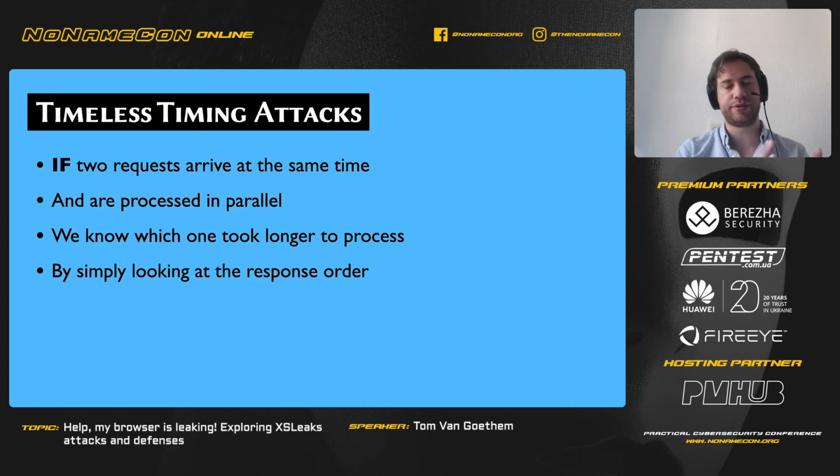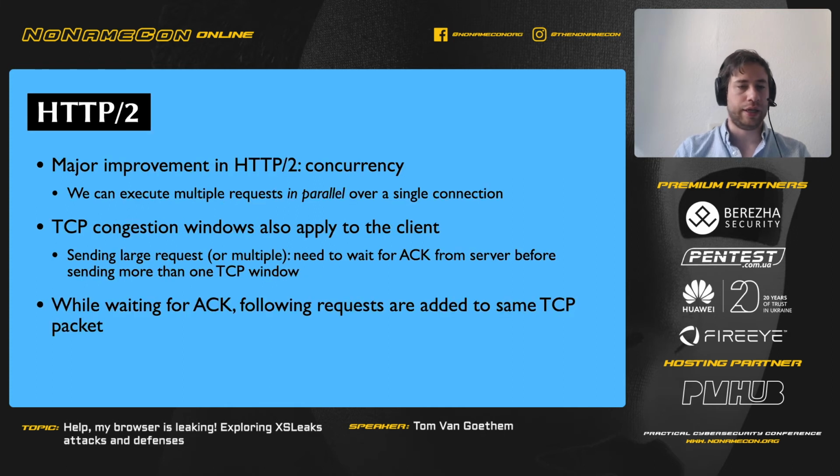And if these two conditions are met, then we can determine which request took longer to process just by looking at the order in which the responses were returned. For this attack, in the browser, it will only be possible to exploit it over HTTP2.